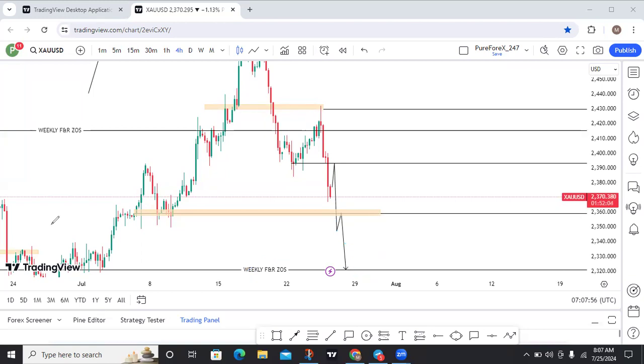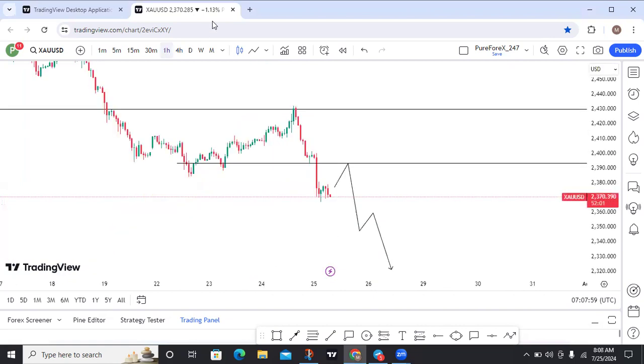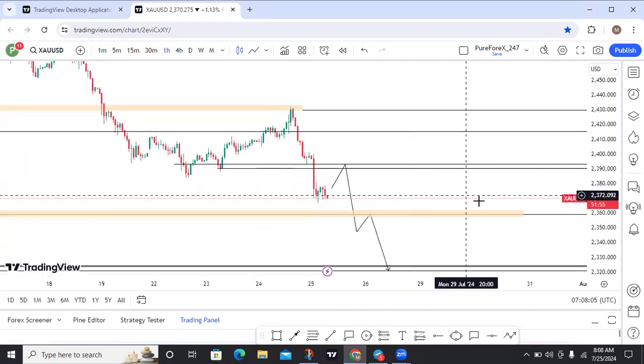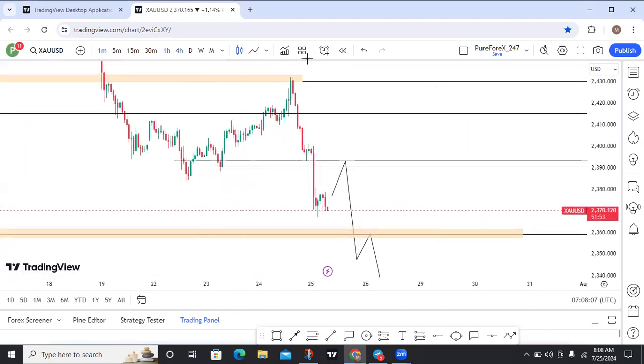So now if we go to the H1 time frame, on H1, I have this line here, and also this line is a blind spot, significant break.